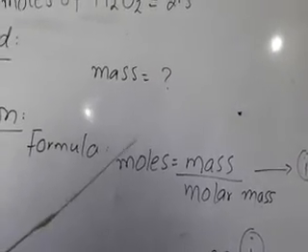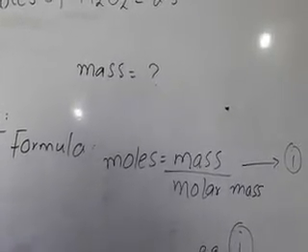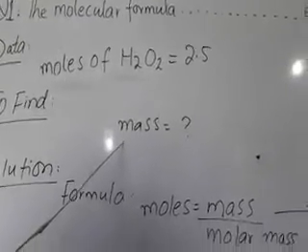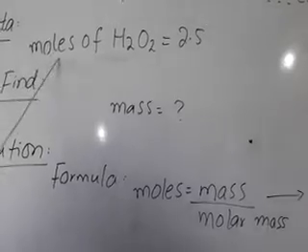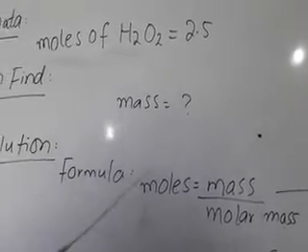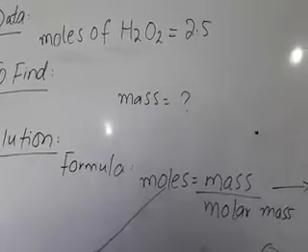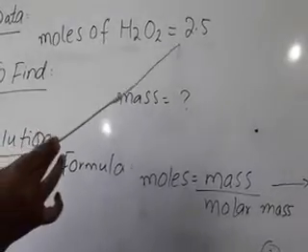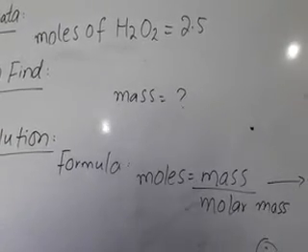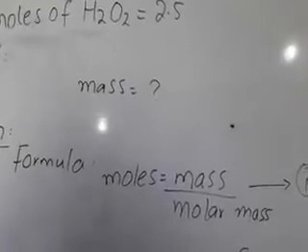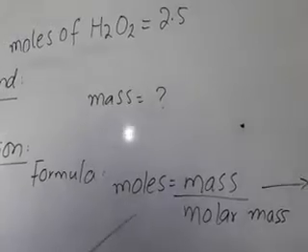Now, after writing the formula, your next step is to tally your formula with your data. You have to find out which quantities you already have in the data and which are still missing. Now, if I tally my formula with the data, moles, yes, I have moles there. Mass to find, yes, I can. And next is molar mass, which I don't have there, but from my previous knowledge, I can calculate it.